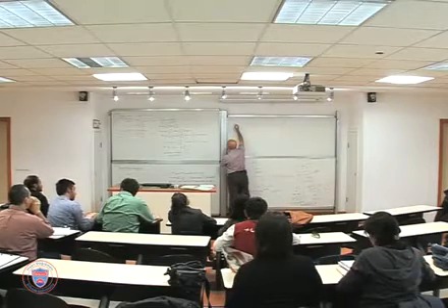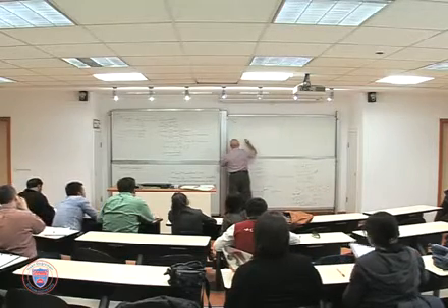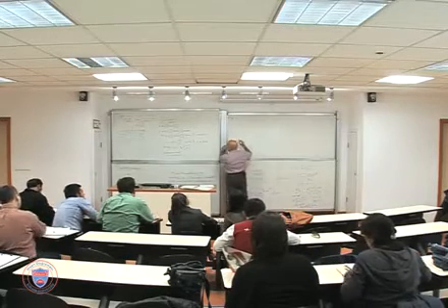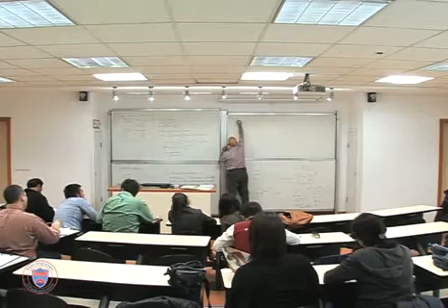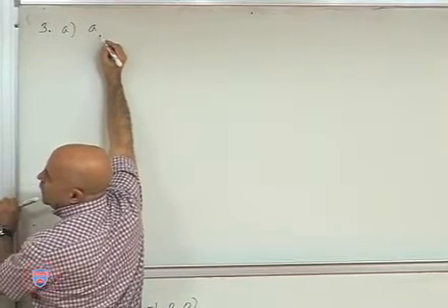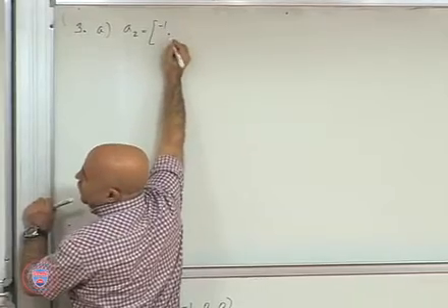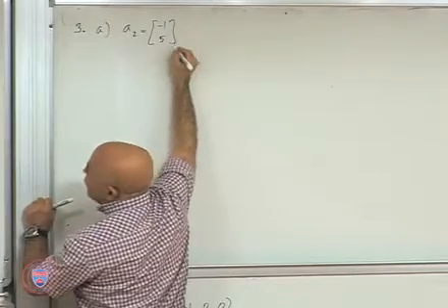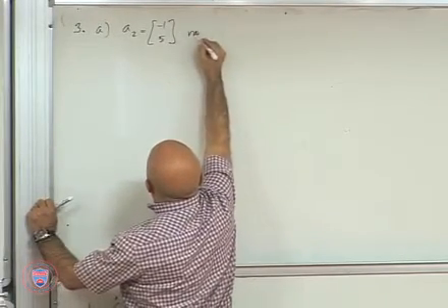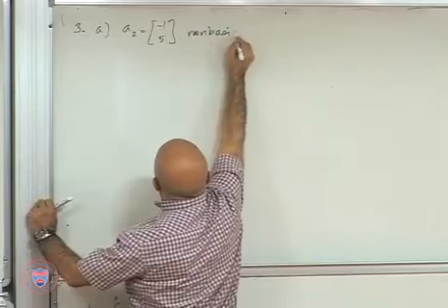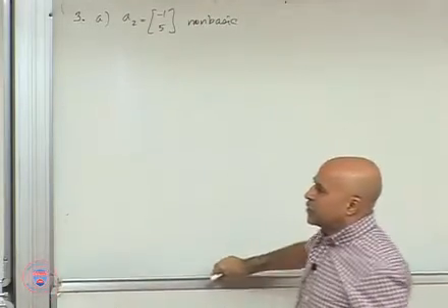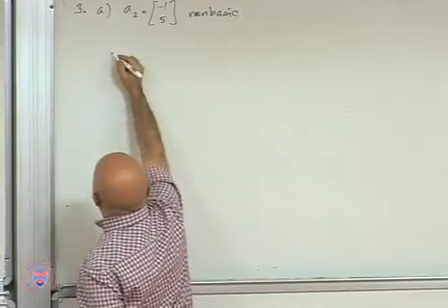Number 3. A2 cap is minus 1 and 5. This is a non-basic column, so things will not be too difficult.